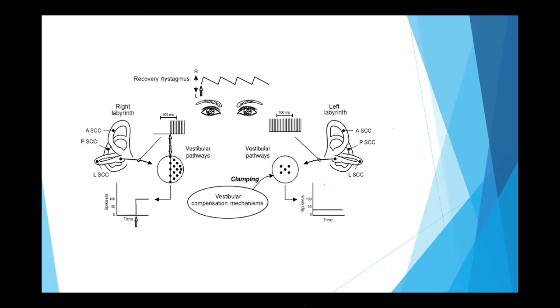So the vestibular nuclei will send a signal to the oculomotor nuclei, to ask the extraocular muscles to turn the eye towards the opposite side, which is the left side. When it moves to the left side, the head has not moved, so the saccade will try to bring it back to the midline. That's why you're getting a fast phase back to the right side towards the midline. Is it clear?